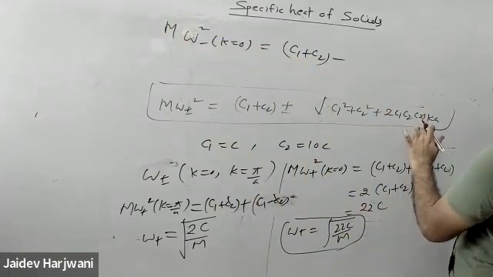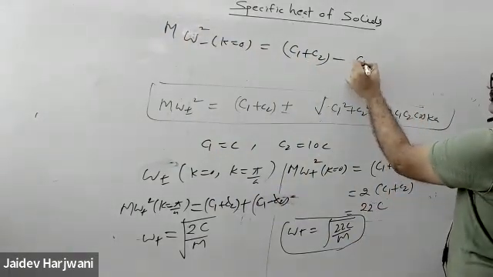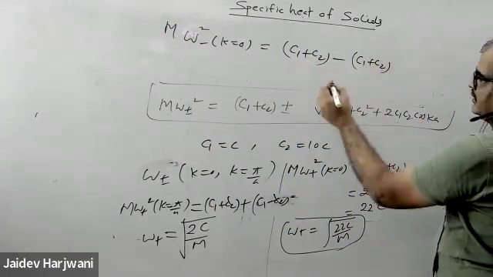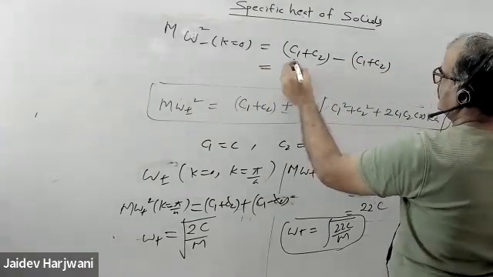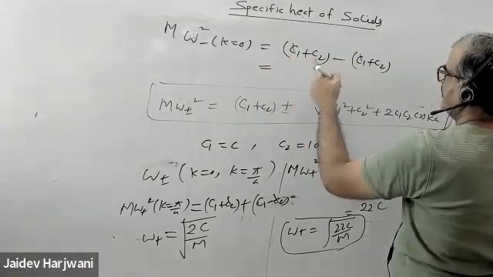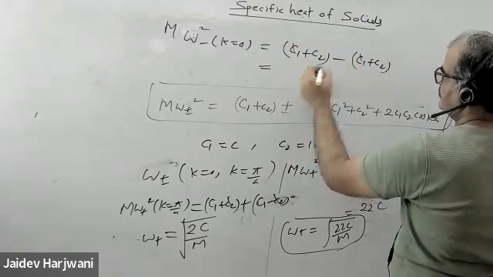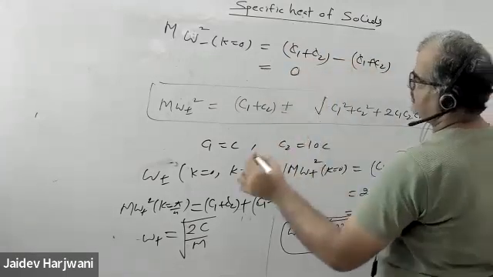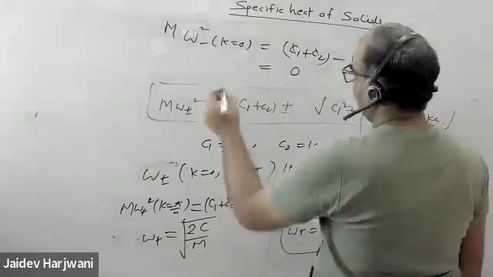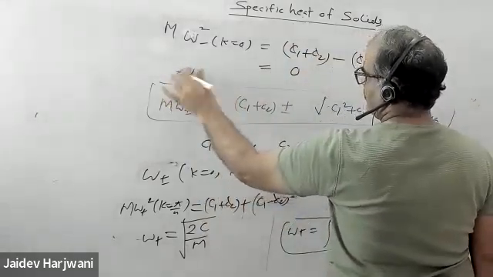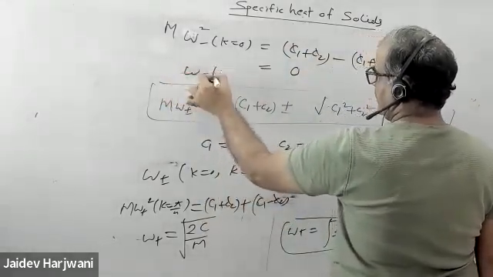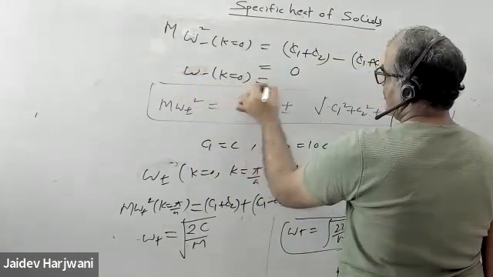You put 0 here, again c1 plus c2 whole square. This will give you c1 plus c2. So if you solve this one, now this time c1 will cancel, and this becomes 0. So you have omega minus at k tends to 0, you have 0 value.